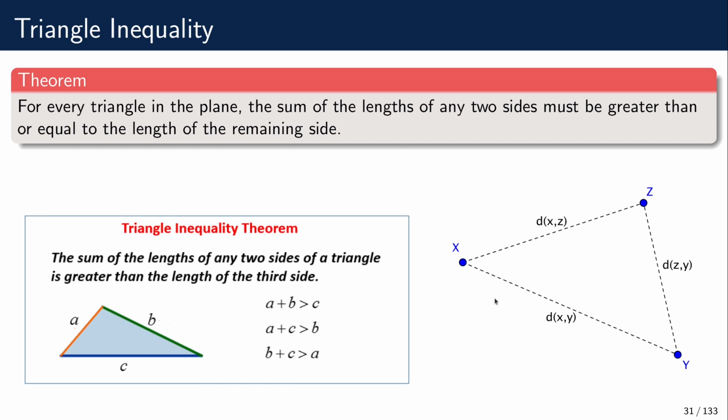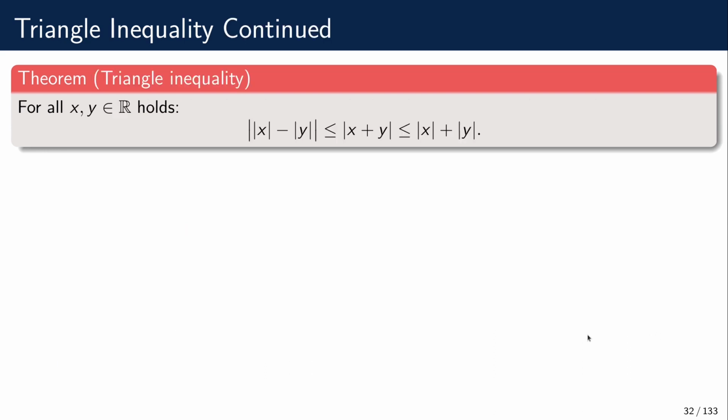And so we would demand that the distance between x and y is less than the distance from x to z plus the distance from z to y. This is the triangle inequality translated to the metric.